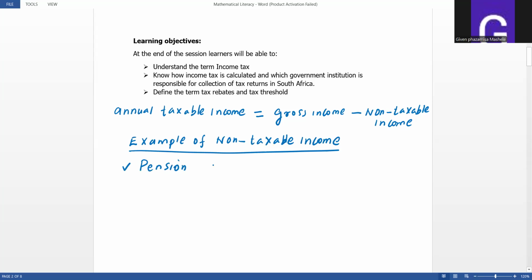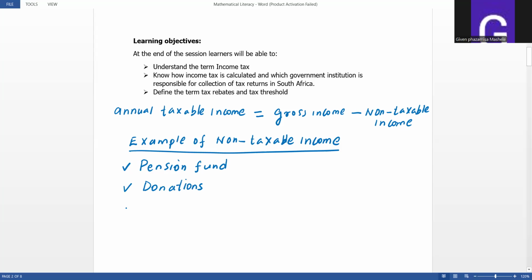Pension fund is an example of a non-taxable income. So it means when we are calculating tax, we need to subtract this before we start doing the calculations. Secondly, things like donations. Donations are examples of a non-taxable income.